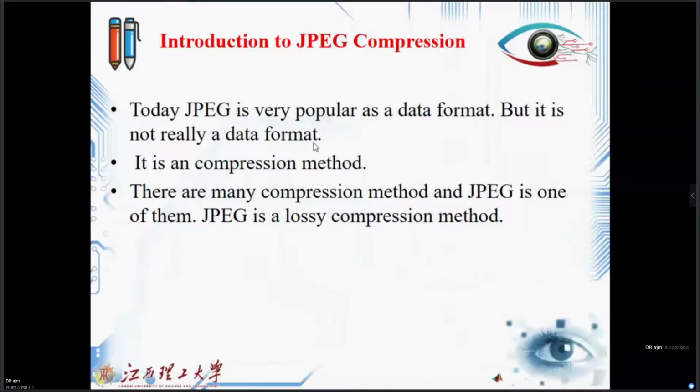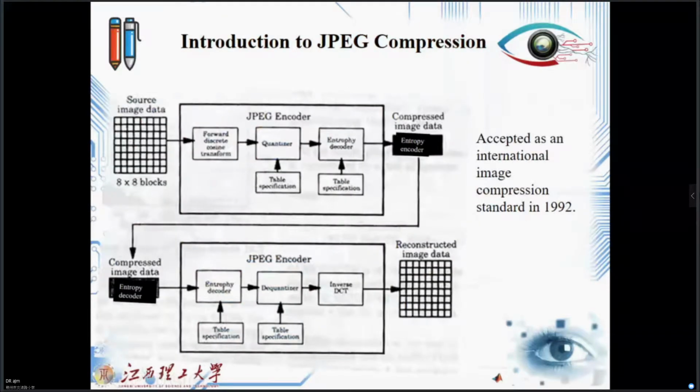But why these methods became this much in demand is mainly because of the good action that it has on the image, and that was the lossy compression which JPEG uses. Once more, we can see the process of the JPEG compression method, which will start from the source image data, and then what will happen on the image.